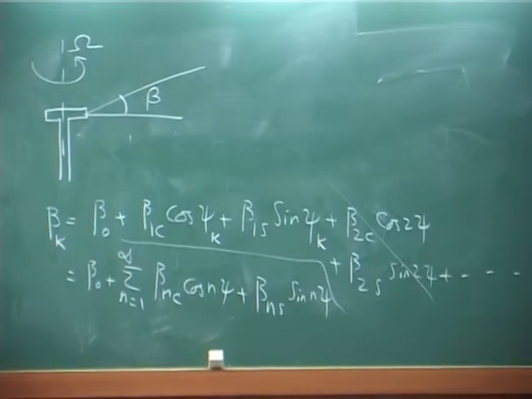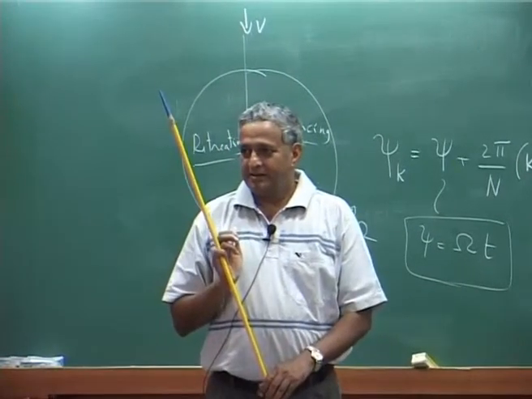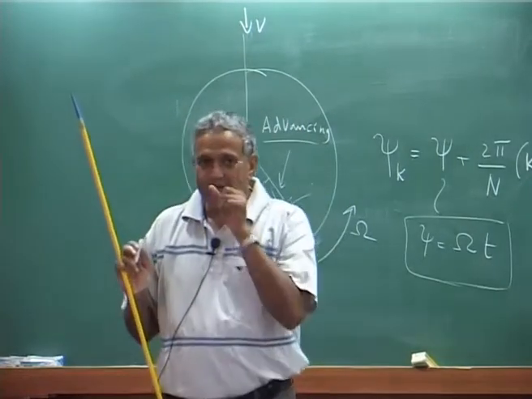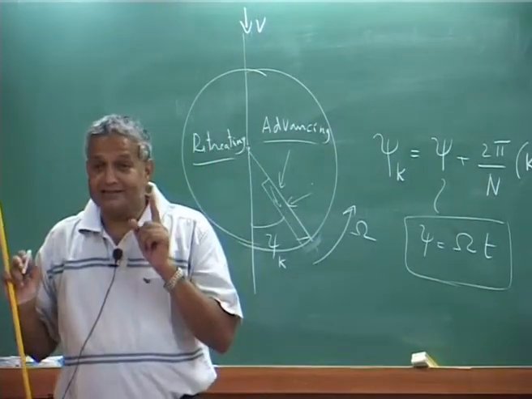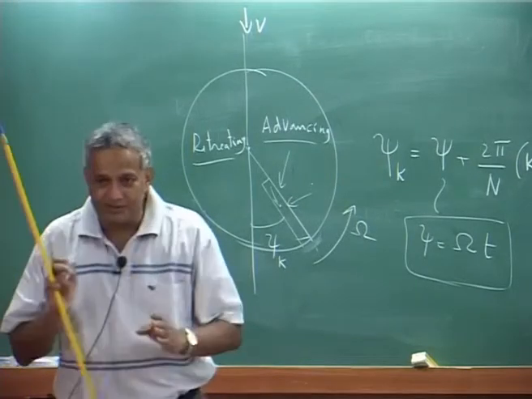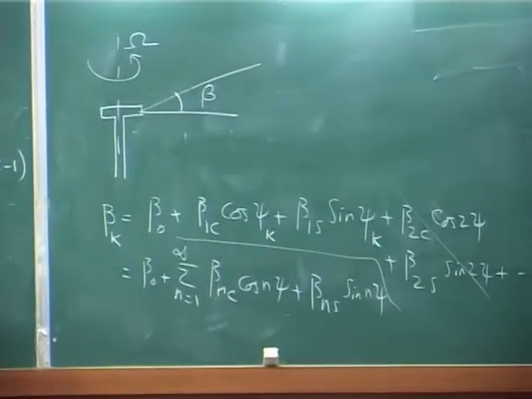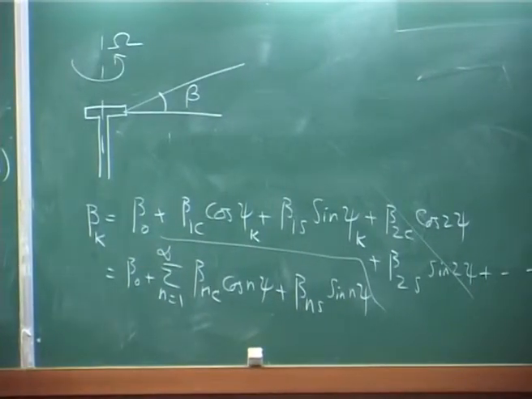That means, when it rotates, all the blades execute identical motion. When it comes to a particular value of the azimuth, you will have only one value, okay. It is not that each one is doing independently.